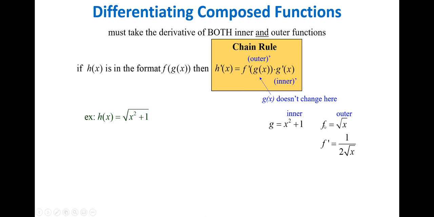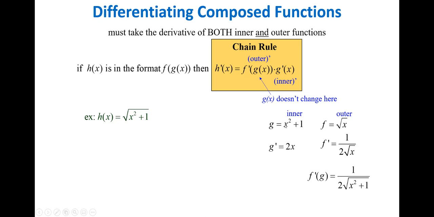Then taking the derivative just of f, that would be 1 over 2 rad x, because that's the derivative of square root of x. And then f prime of g, well, I just take g and plug it into here, this radical x in the denominator. F prime of g would become 1 over 2 radical x squared plus 1.